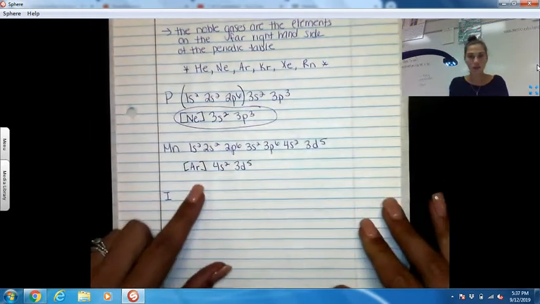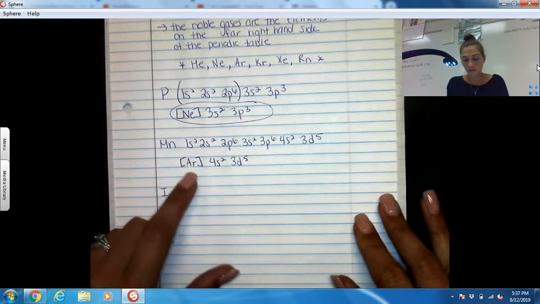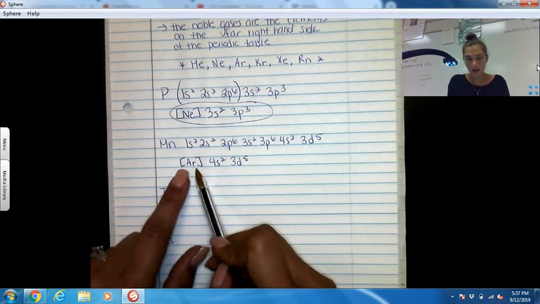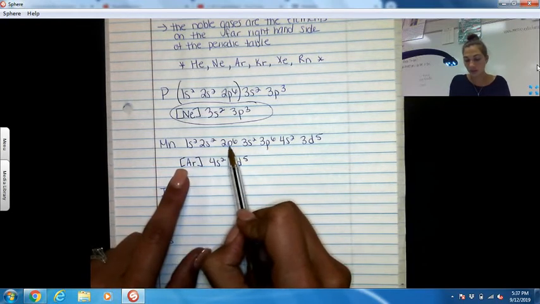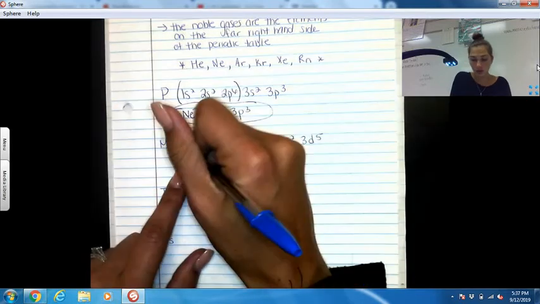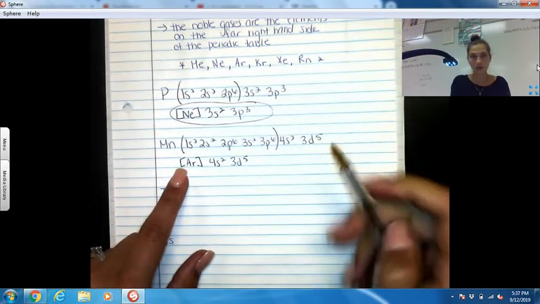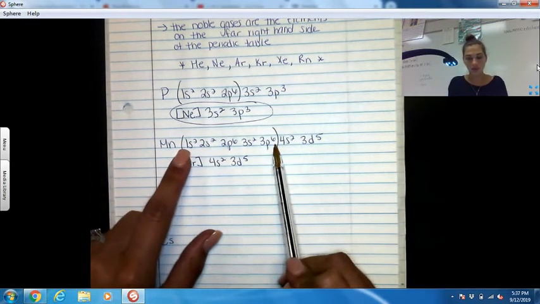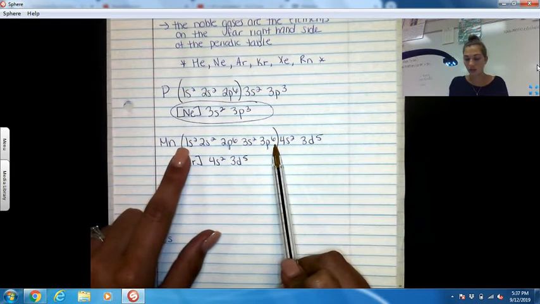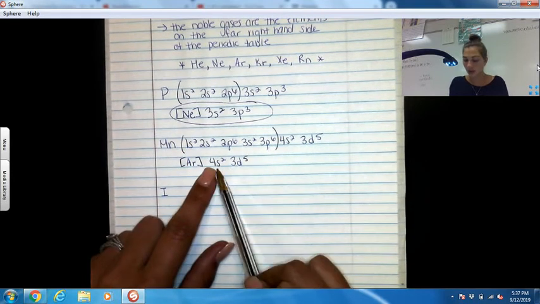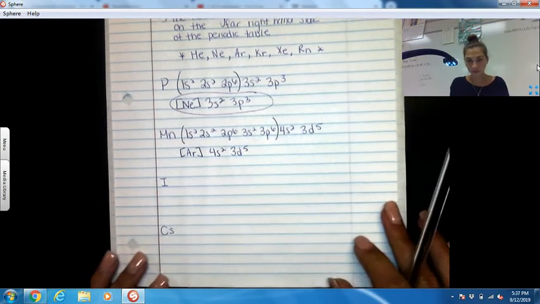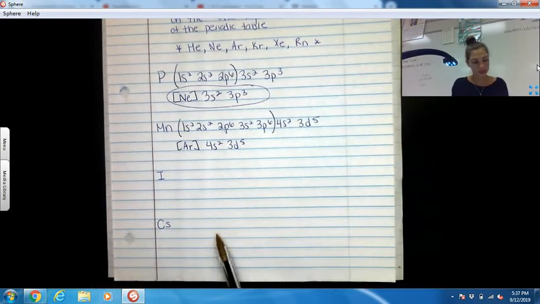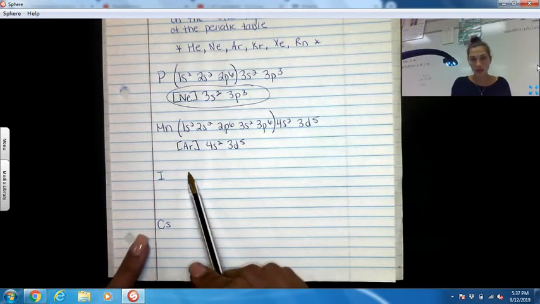Now for this one, I have to make sure that argon is taken care of in the configuration. So 1s2, 2s2, 2p6, 3s2, 3p6. This right here is argon's configuration because argon's at the end of the 3p sublevel, and then I pick up my configuration after.